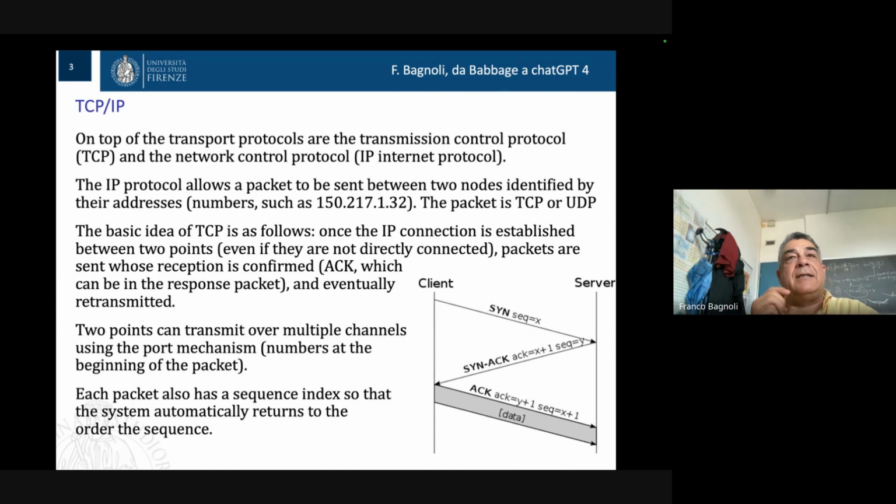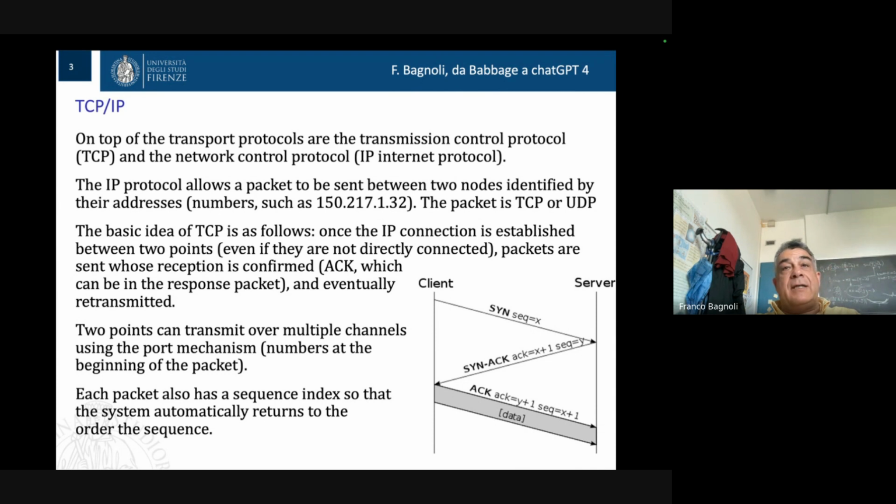So the idea is that every computer that is directly accessible, at the beginning all computers were directly accessible, has a number, the IP number. And so you have to send data from the client, for instance. Let's suppose that you are connecting to a web server.